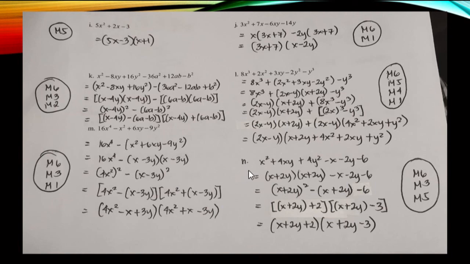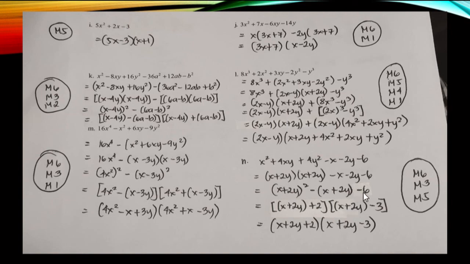Then, last letter N, x squared plus 4xy plus 4y squared minus x minus 2y minus 6. Una, ato ang gigrupo kani kay perfect square trinomial. Pwede siya ma-factor as x plus 2y times x plus 2y. Dayon, ang kani pwede siya i-grupo as that. So, we can have a quadratic trinomial. That can be factored as this one. X plus 2y muna factor niya.